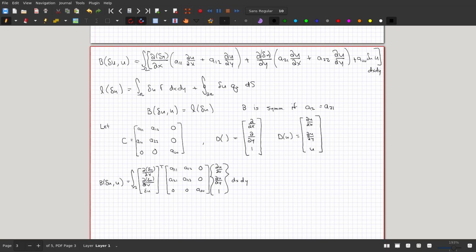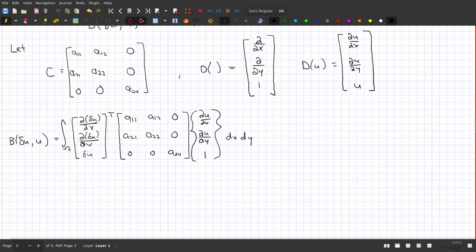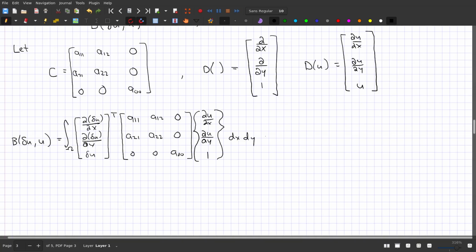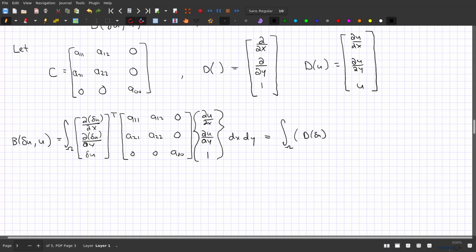So then, using our definitions above, we have that the integral of D of del u transpose times C times D of u dx dy.